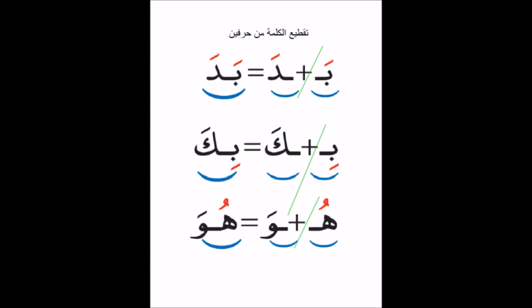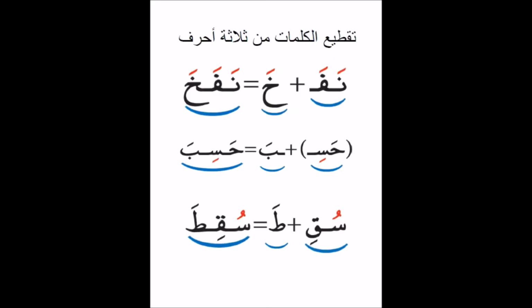So in this case we have, let's take the second word, bi ka bika. And as we continue on to 3-letter words, it's very important not to do it letter by letter. It's not allowed, and it's not an effective way for teaching.